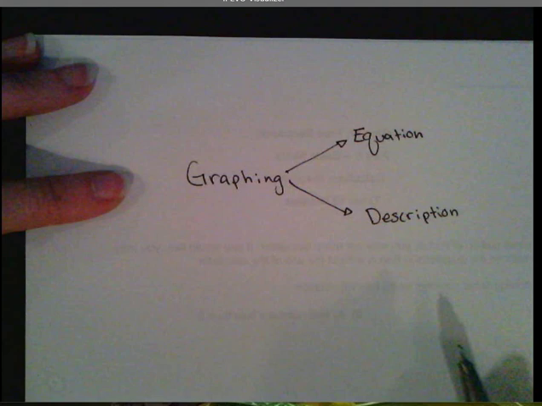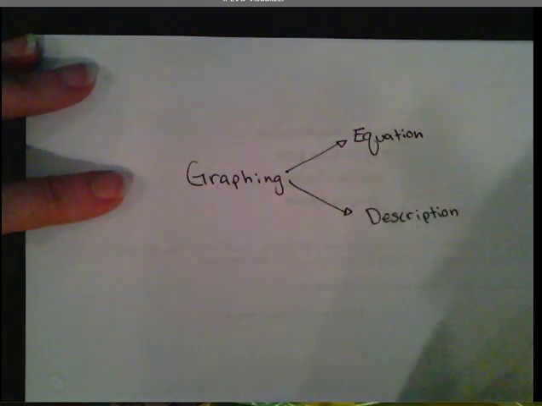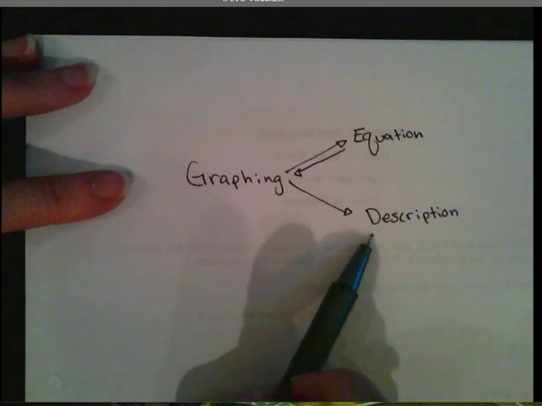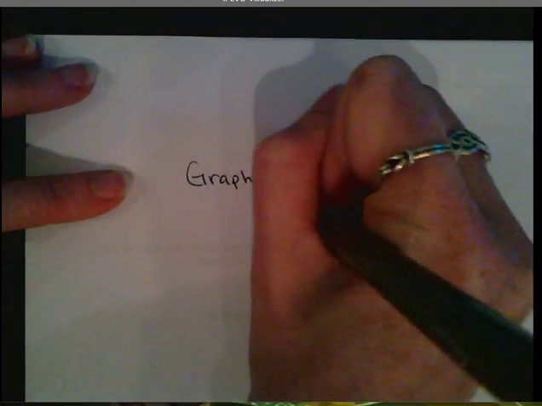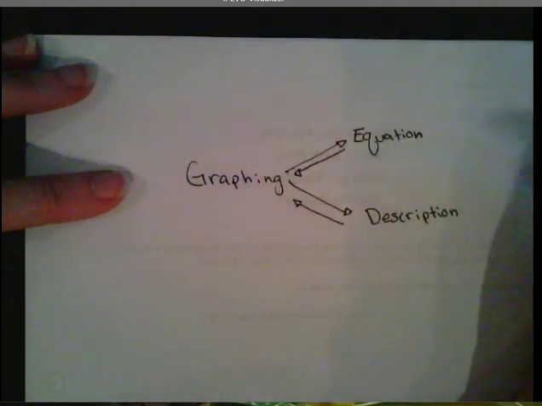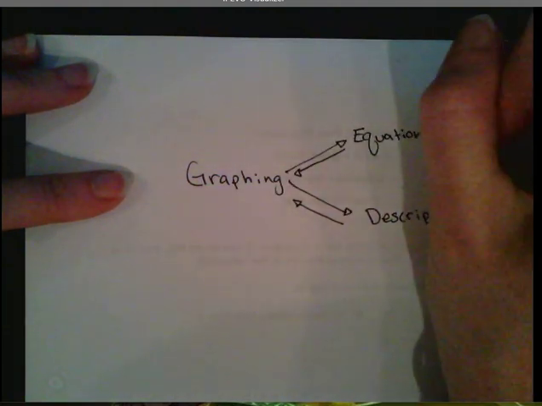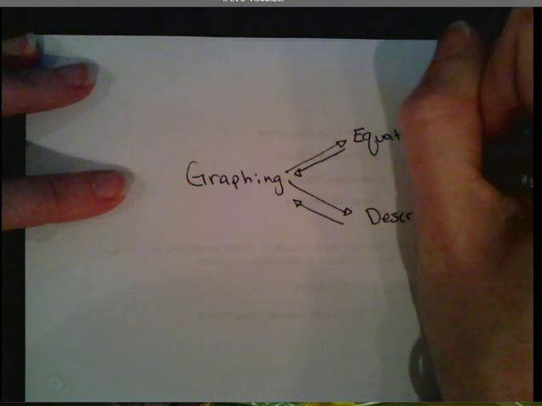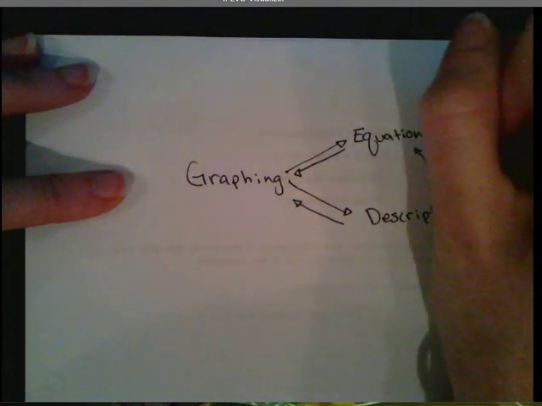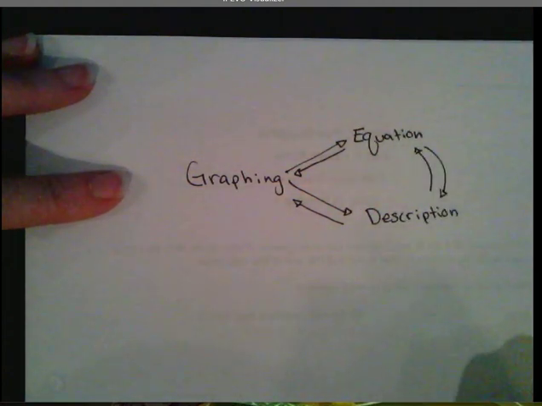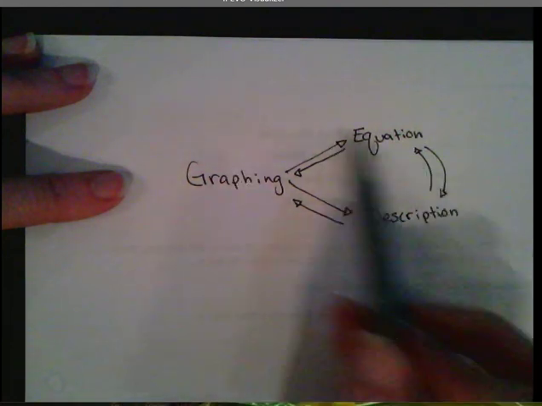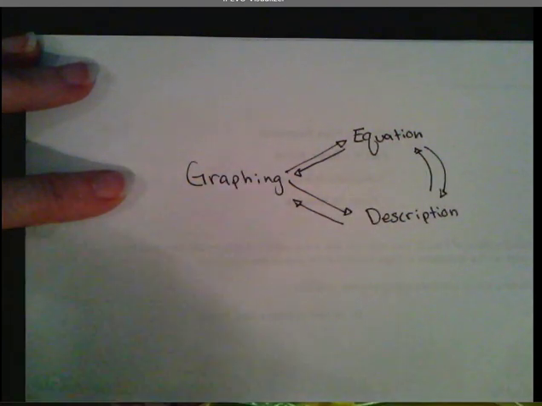Or it could say, okay, you have an equation, you're going to graph it. Or we have a description, we're going to graph it. And the reason this is all helpful to make sure we know is because then we can also do the portion where we go from descriptions to equations or equations to descriptions. So these all work together in tandem. It's all the same exact rules for all three of these.